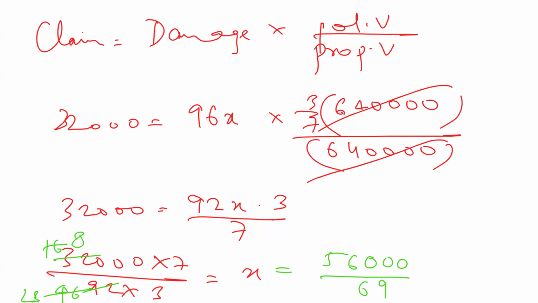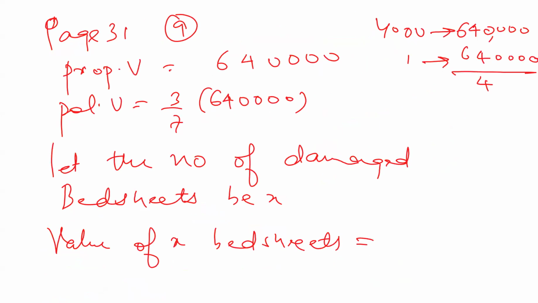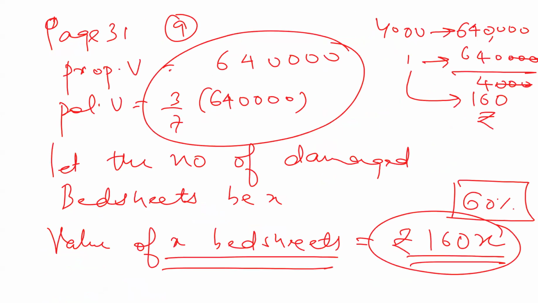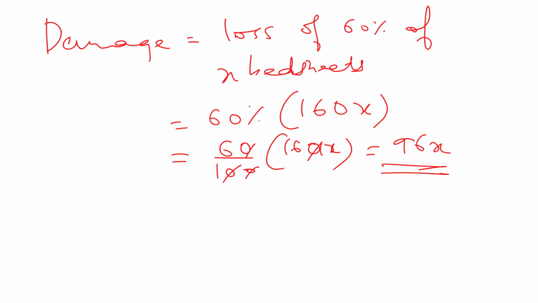So let me just check whether I have done some error or not. So 6,40,000 divided by 4,000 is 160. So this is correct. This is also correct, 160x. So the damage is 60% of 160x. 16 sixes are 96x.